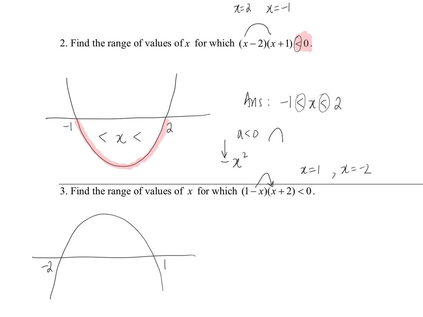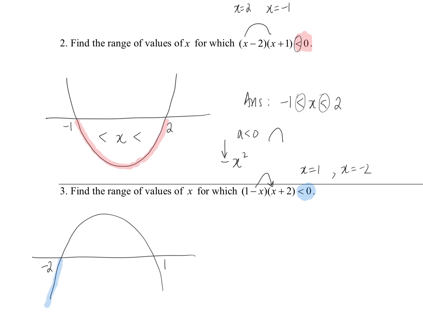Okay? So once you are done with that, now you look at the part of the graph that you want. I want the part of the graph that lies below the 0 line. So is it the bow or the tail? Which part of the curve is below the line? The tail.